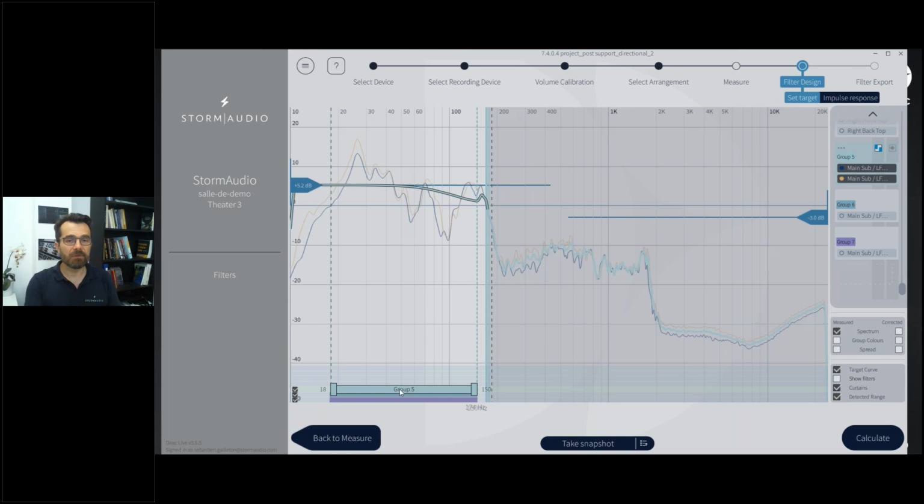By doing this, you make sure that your seat-to-seat variation will be limited, at least considering the LFE signal, which is certainly the most critical one, being played evenly on all the subwoofers, right? So that's how the system can be adjusted if you want to create directional bass reproduction.